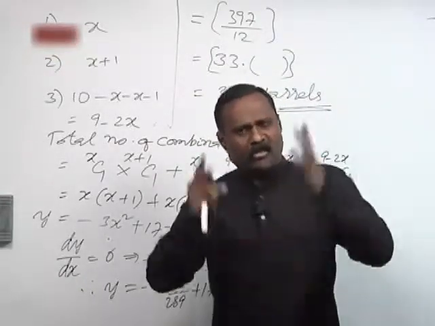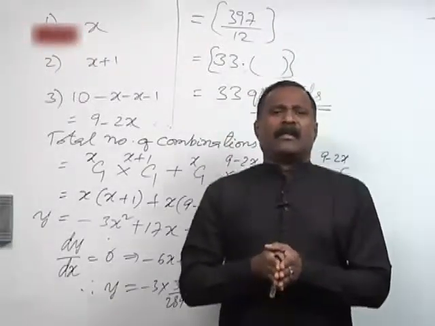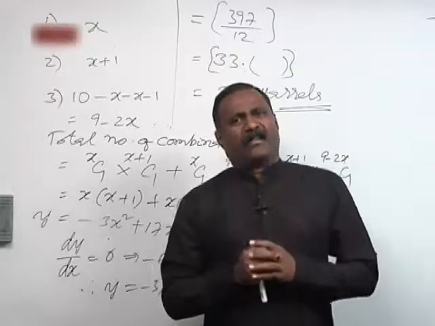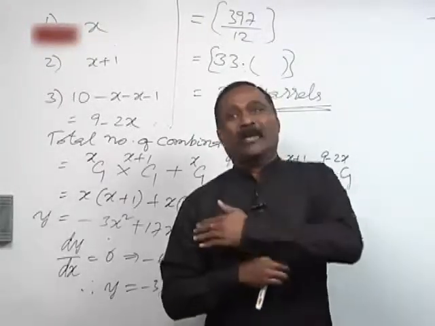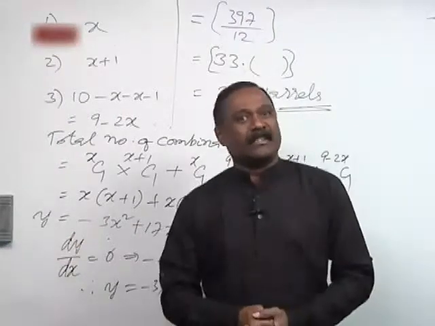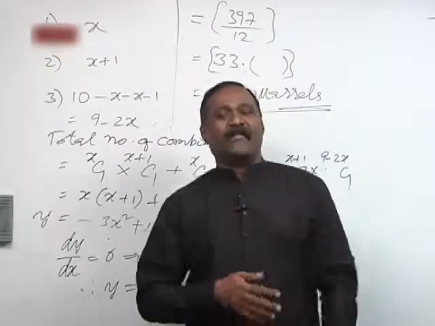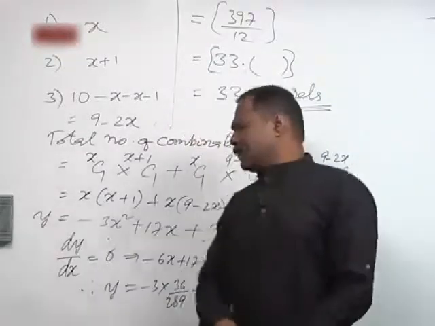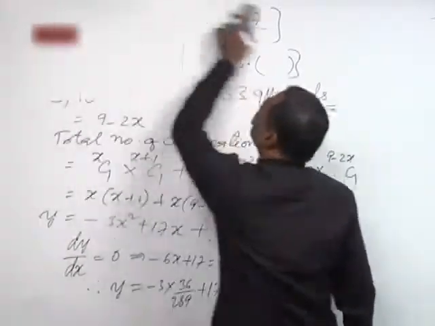If you give all the coins to a single beggar, he will get 8 rupees. That means the distribution takes place like this: either 0 or 1 or 2 or 3 or 4 or 5 or 6 or 7 or 8. It is nothing but the distribution of similar coins. Understand that? Okay.